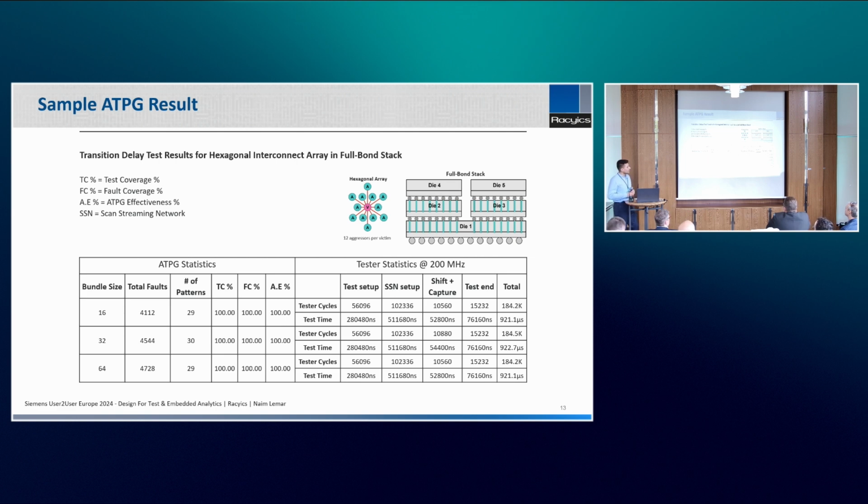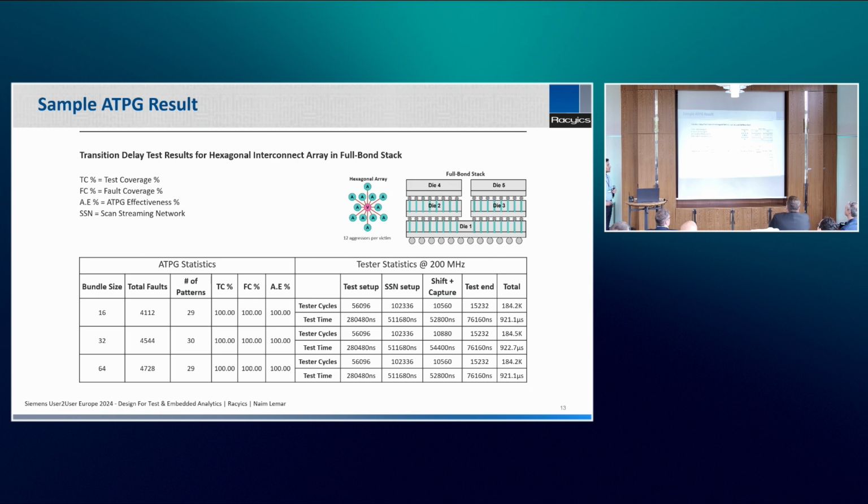The important thing is that if we look at the test setup and SSN setup, it will always be the same in the same configuration. For example, if we have a full bond, we have 3 layers. The test time for test setup and SSN setup will remain the same. The only thing which differs is the shift and capture cycles.